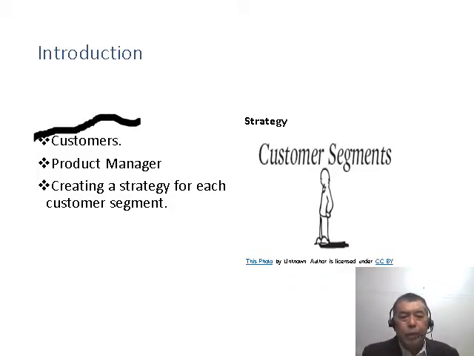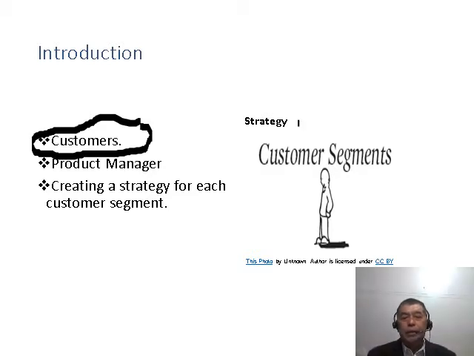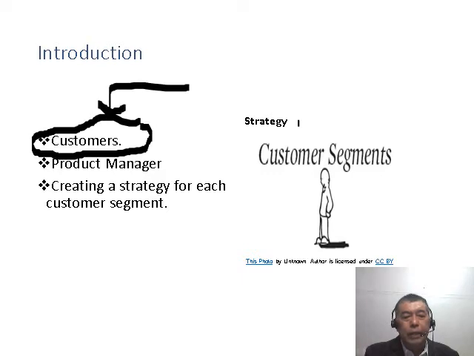So here, the customer. In order for you to make a marketing strategy of how you are going to attract your customers and how you are going to retain your customers throughout the customer life cycle. The customer is the one who is dictating quality.